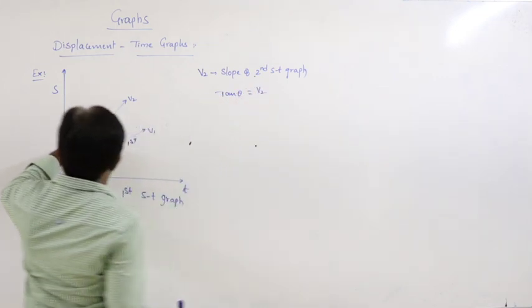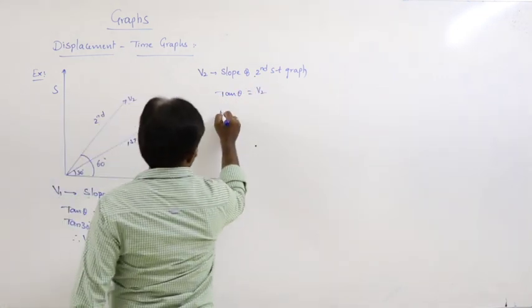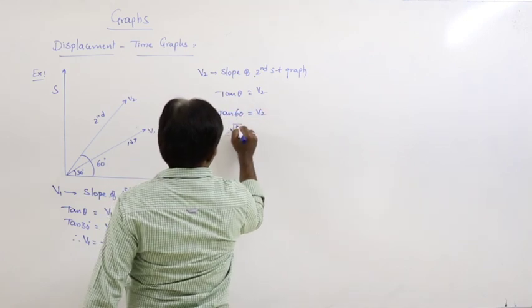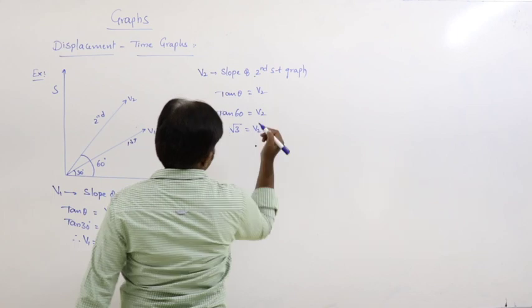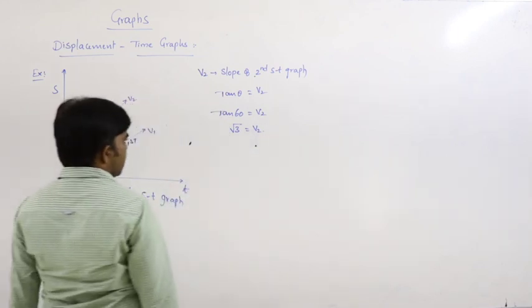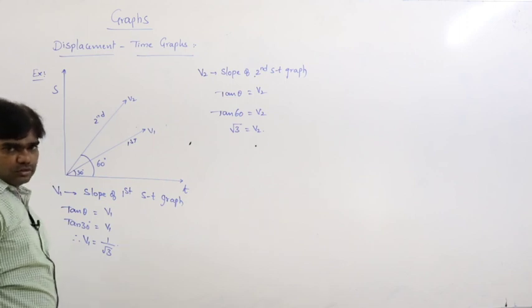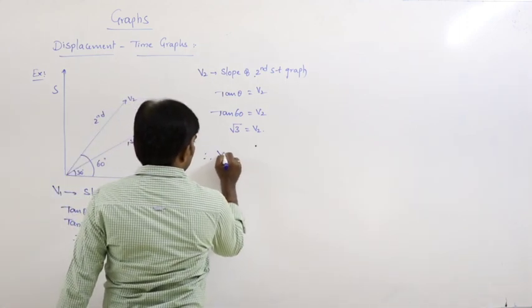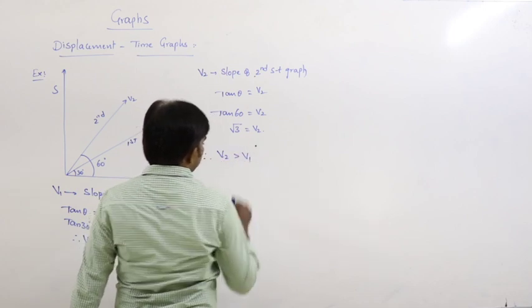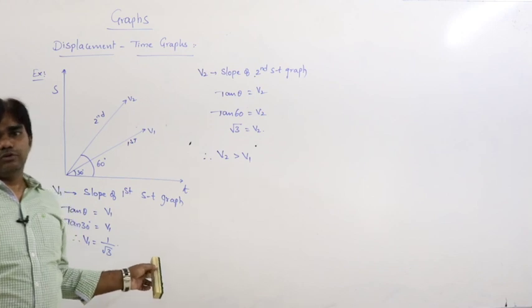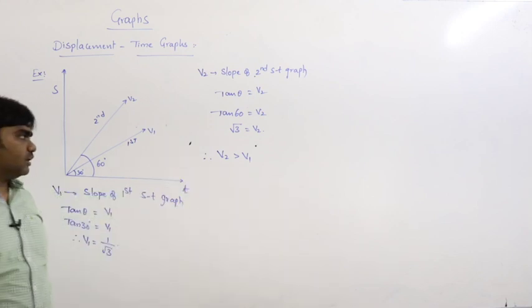For the second line, what is the angle? 60. So tan 60 is equal to V2, so root 3 is equal to V2. V1 is 1 by root 3 and V2 is root 3. Which one is more? Definitely V2 must be greater than V1, since root 3 is greater than 1 by root 3.